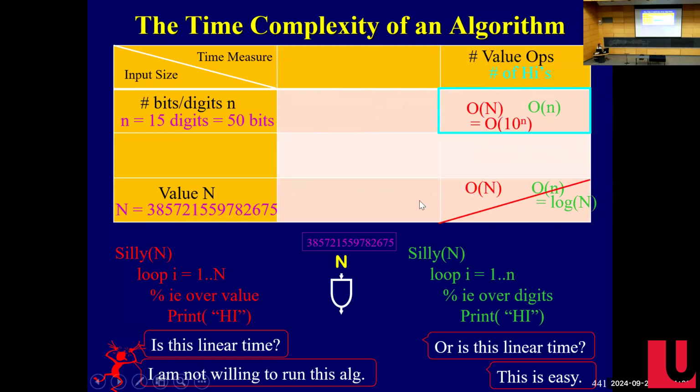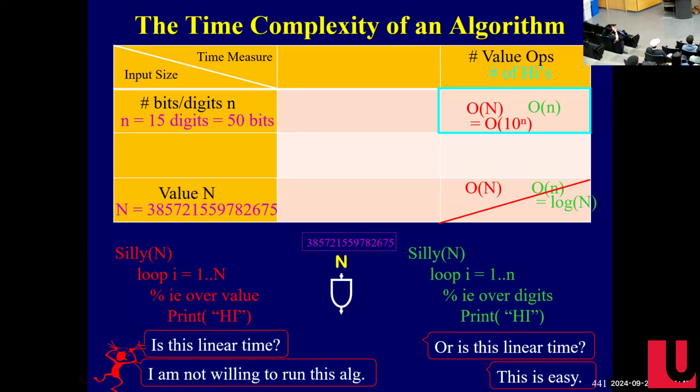So, do you understand how we can define size in two different ways, right? And do you agree in this one, the running time is capital N, and this one's little n, all right? So now we need to express the running time as a function of the size of the input, right? You tell me the size of the input, I tell you what's the running time going to be, right?